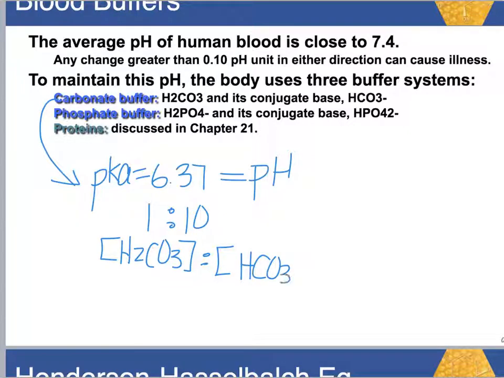And the reason why this makes sense is because this system prefers to buffer acids. If I add additional acid, the acid will be neutralized by the conjugate base, the HCO3 minus ion, which is present in the higher ratio.